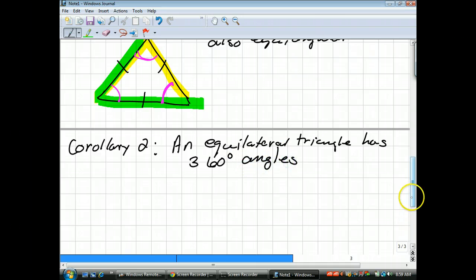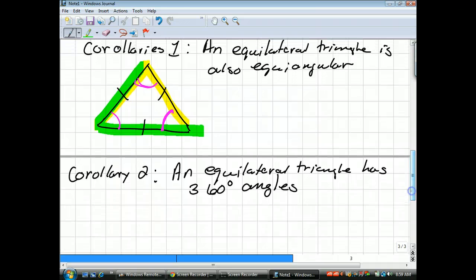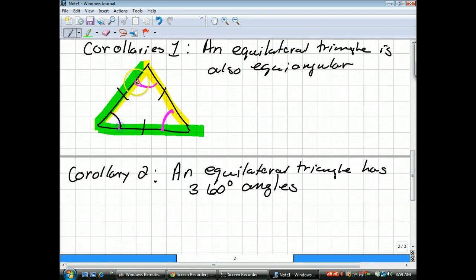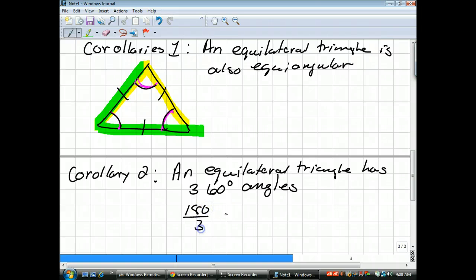Okay, and so again, that's obvious from the picture above. If all these angles are congruent and there's only 180 degrees to divide among them, 180 divided by 3 has to be 60. Let me change this 3 to a written 3 so we don't get confused. Okay, so it has three 60-degree angles.